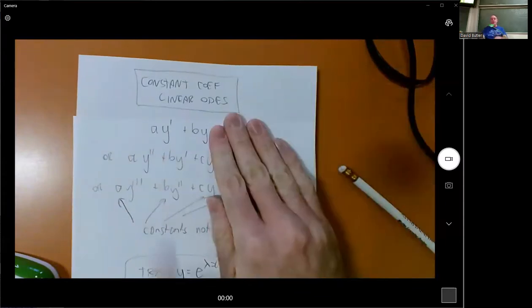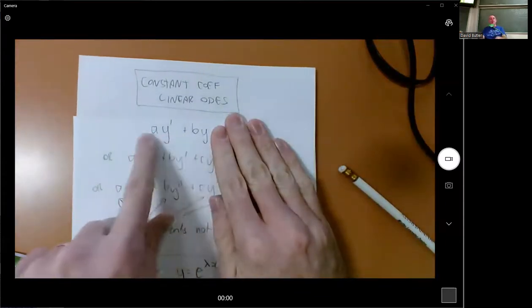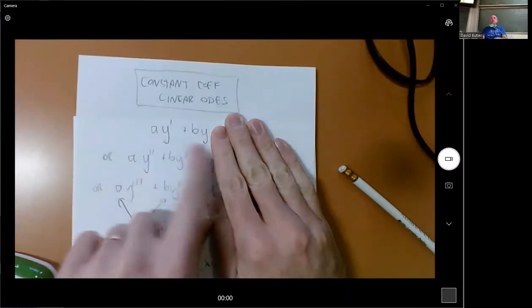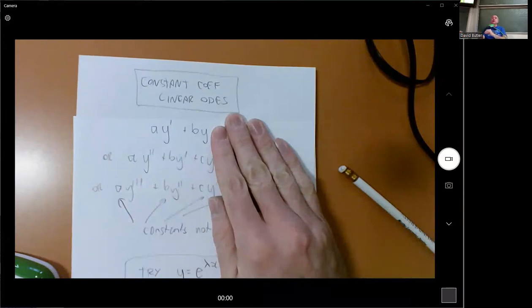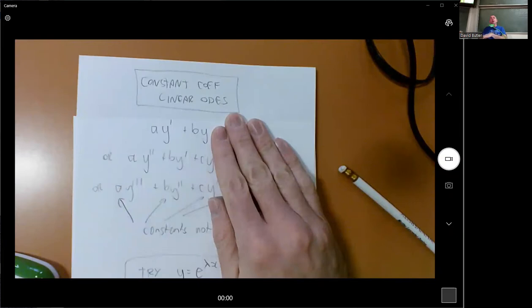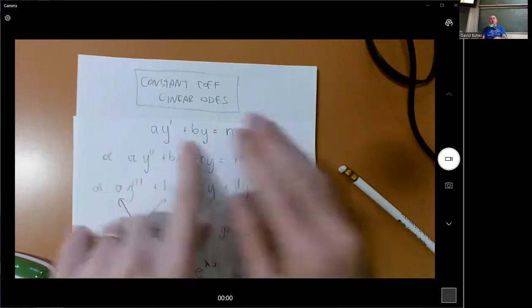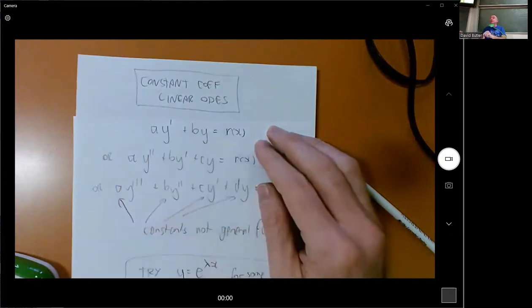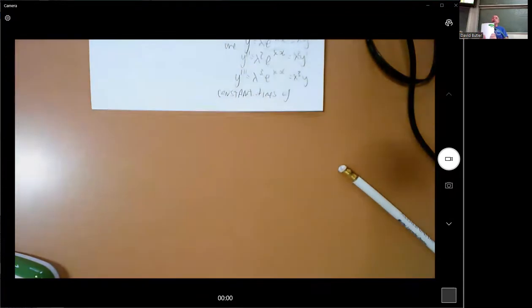I'm just looking at this bit here. If I run a function through here and it produces the answer 0, and I run a different function through here and it also produces 0, then adding them together will be another function that also produces 0. And if I have two functions that both produce R(x), then when I subtract them and run it through here, it'll produce 0. And so that's the proof, actually, if you're interested.